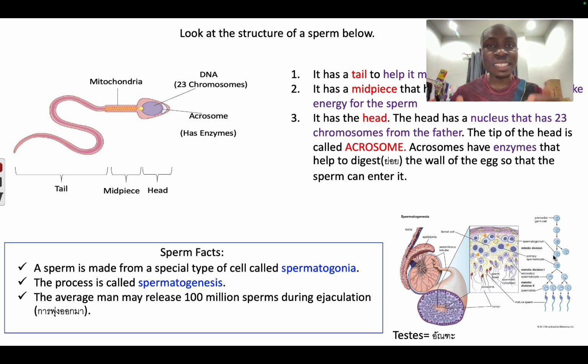The cells divide by the process of meiosis and form the tiny sperms. The average man may release 100 million sperms every time he ejaculates. So this is the structure of the sperm.